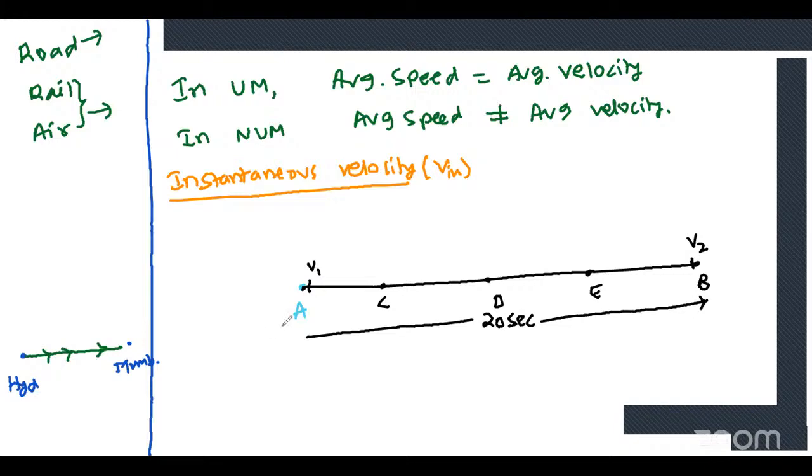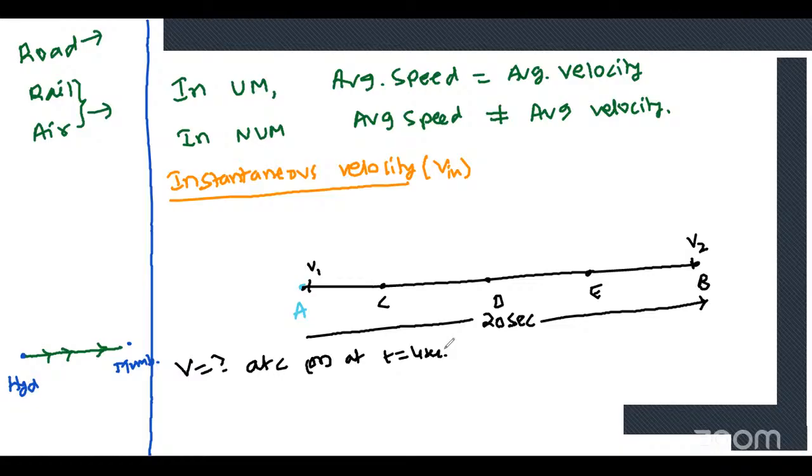Now, I want to find what will be the velocity at C, or at t equal to 4 seconds.